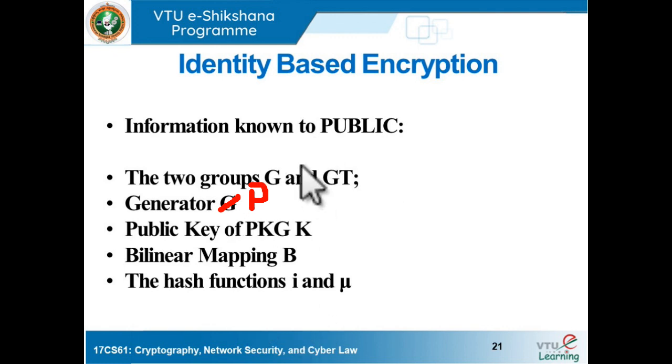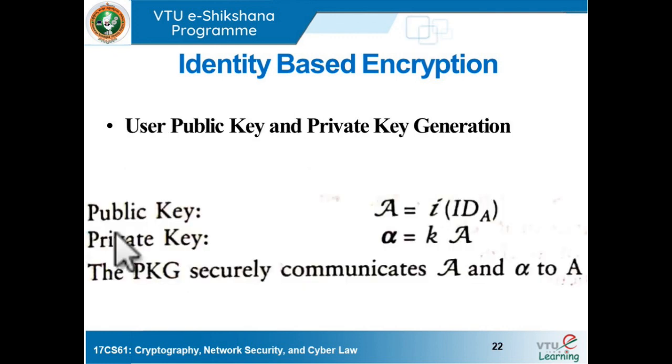All this information is known publicly. Now let's see what happens further. Using this information, the public key generator has to generate the public key. How does it generate the public key? Let's try to understand these steps.